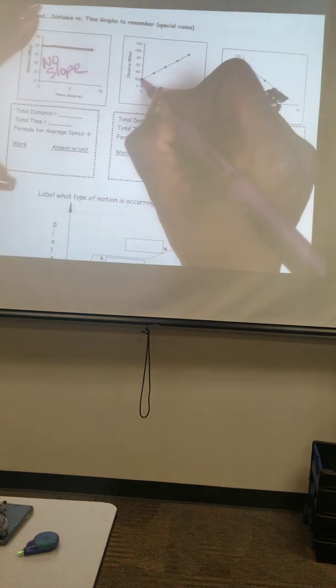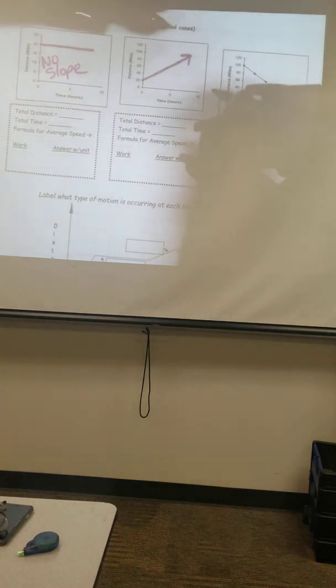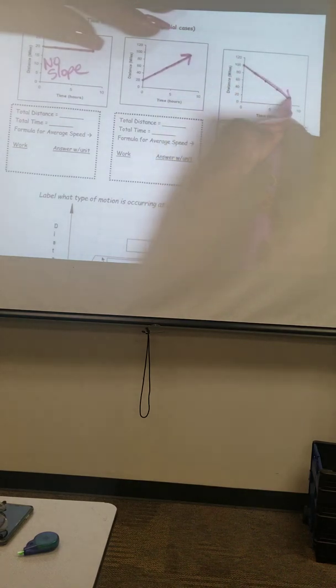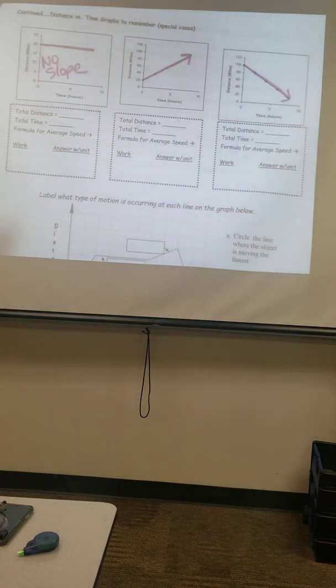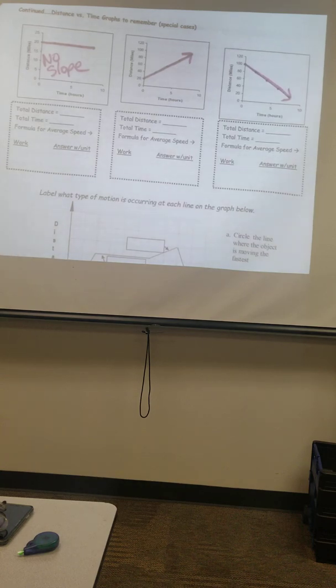Then they give me a direct relationship graph. Then they give me an inverse relationship graph. An inverse means opposite. A direct relationship means when one goes up, the other goes up. An inverse means that they're opposite. One goes up, the other goes down. When one goes down, the other goes up. They would like us to calculate the speed of all of them.